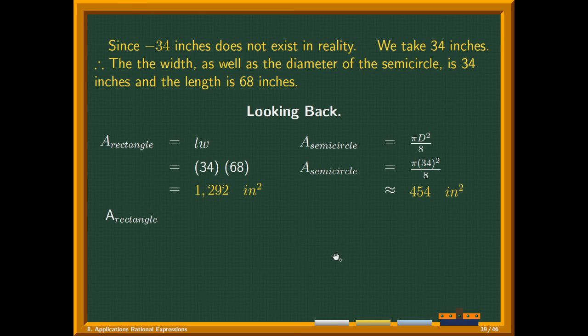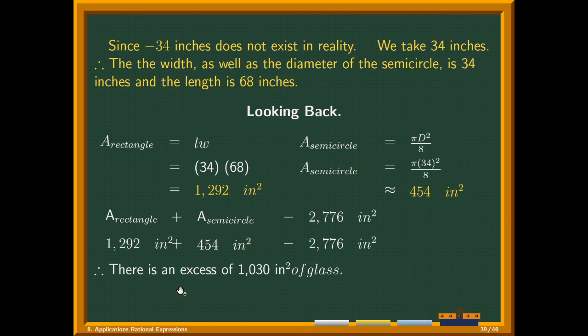We have the area of the rectangle plus the area of the semicircle minus the exact glass material. We have 1,292 square inches plus 454 square inches minus 2,776 square inches. So there is an excess of 1,030 square inches of glass. That is a huge excess of glass material.